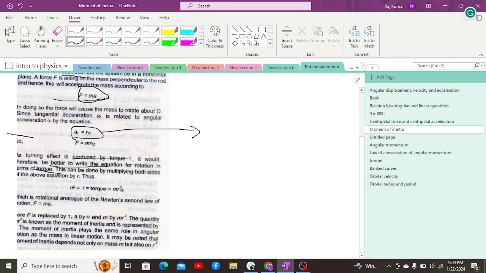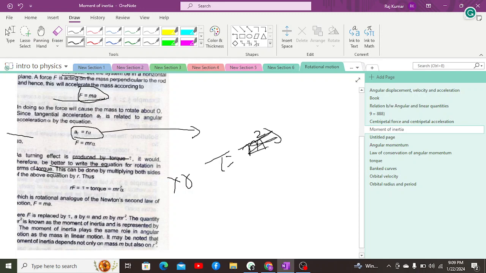Here, instead of writing mr alpha, we multiply by r on both sides. We get the formula: torque, r F, the cross product of position vector and force, is equal to torque, while on the other hand side, m r square alpha.